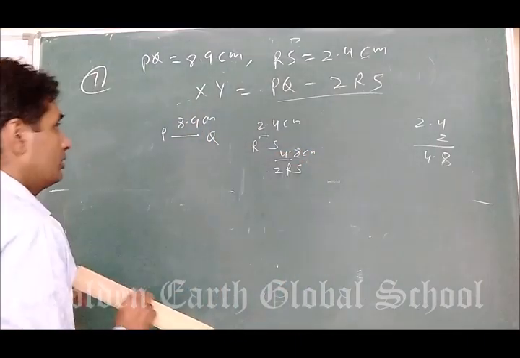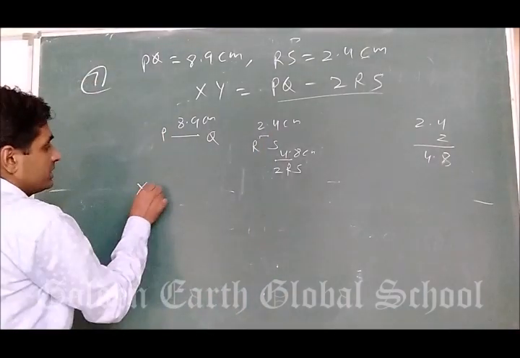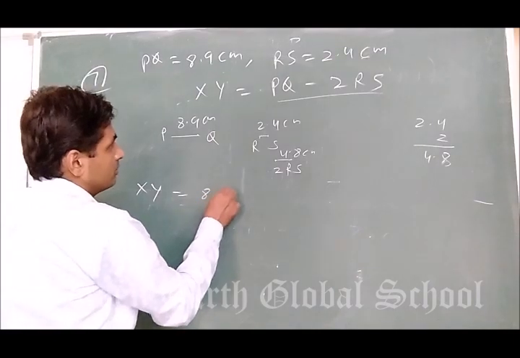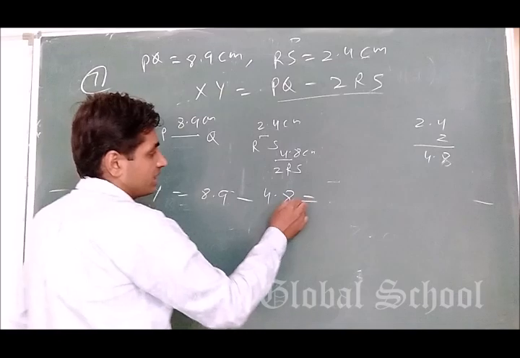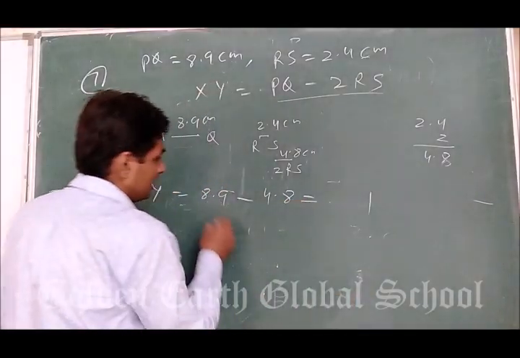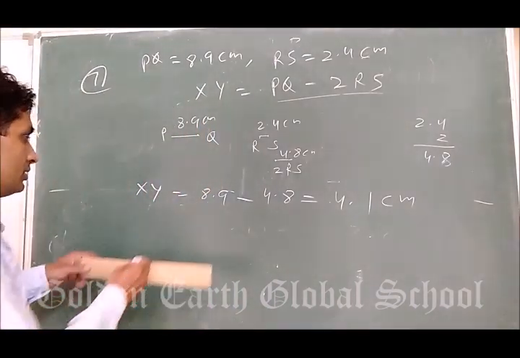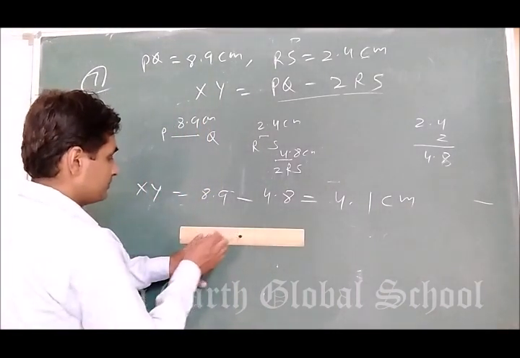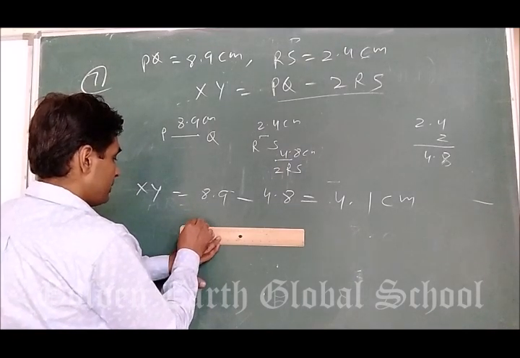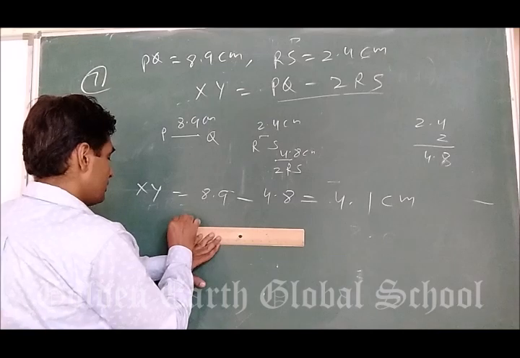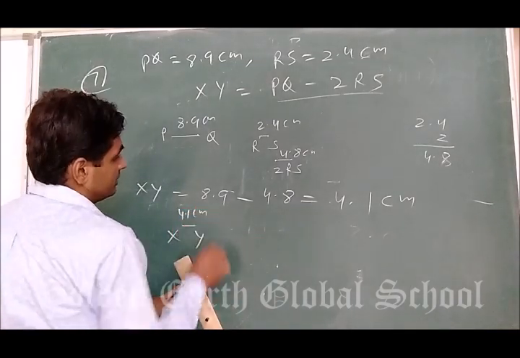Okay, now PQ minus 2RS. So XY is PQ minus 2RS. 2RS is 4.8. So you have to subtract, 9 minus 8 is 1, 8 minus 4 is 4. So it is 4.1 centimeter. So you have to draw XY, 4.1 centimeter. Okay, so this is XY, 4.1 centimeter.